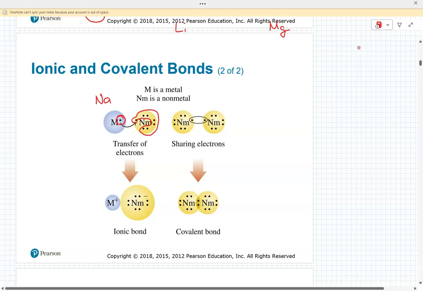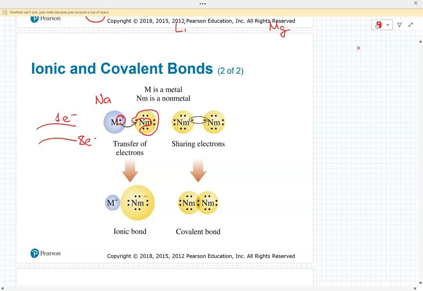If you want to get to, and believe me, the previous one, sodium, has 1 outer electron, and then the next one has 8. Okay? If you want to get to 8, so this is sodium. Okay? This is chlorine.